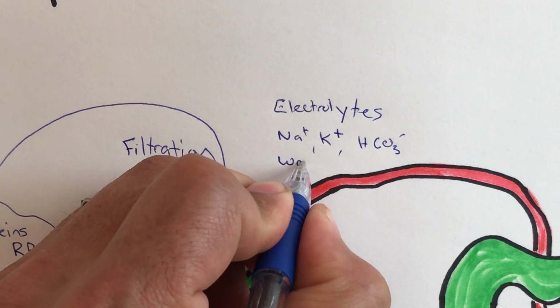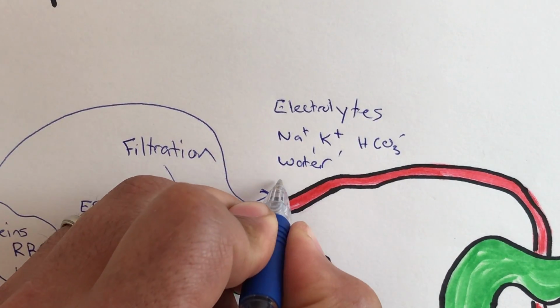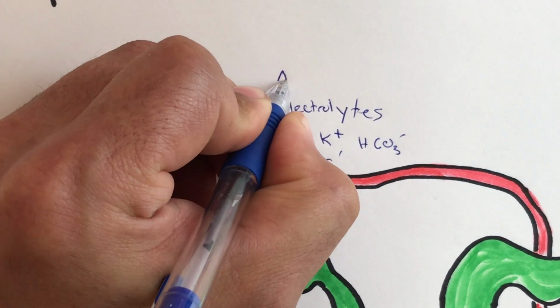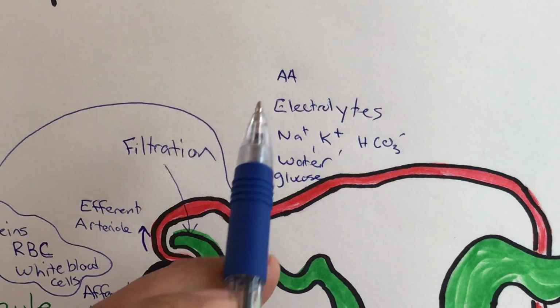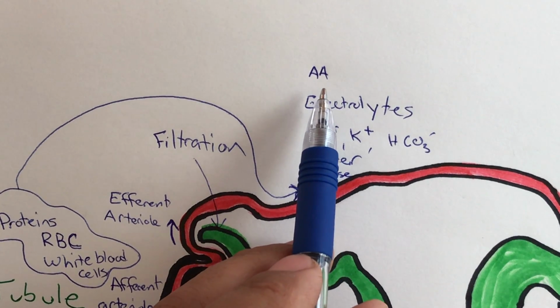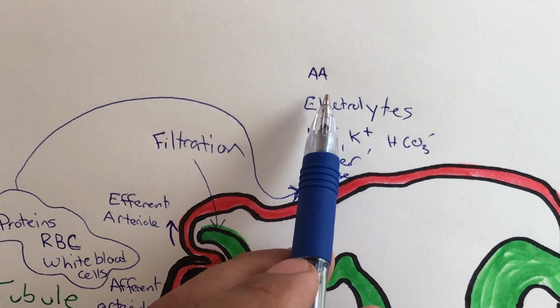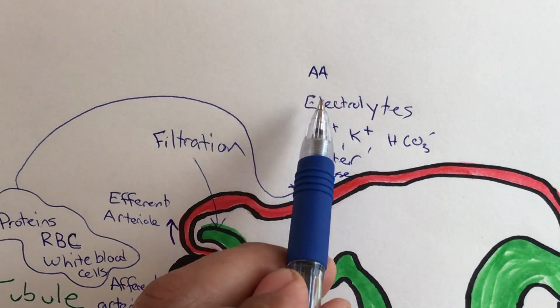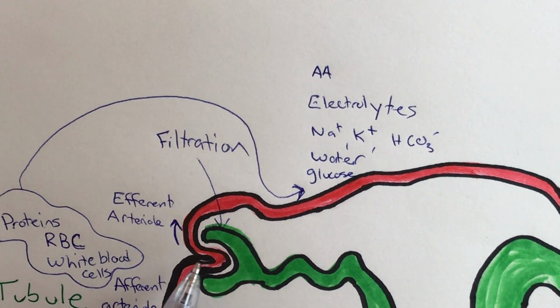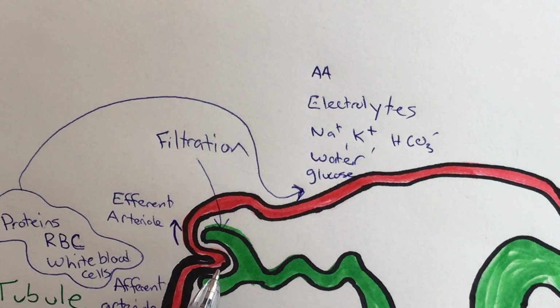Water is a big one. Glucose, amino acids. Amino acids are the building blocks of proteins. The building blocks are the smaller pieces that make up the larger. So the amino acids are small enough to get through, just like electrolytes like sodium and potassium. Water, of course, is very tiny. Water can get through.